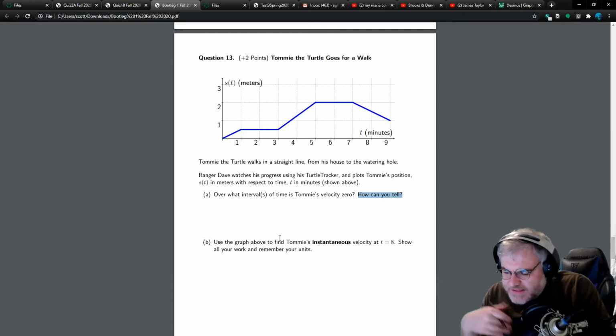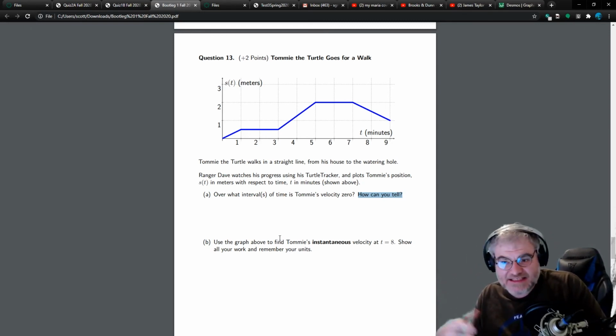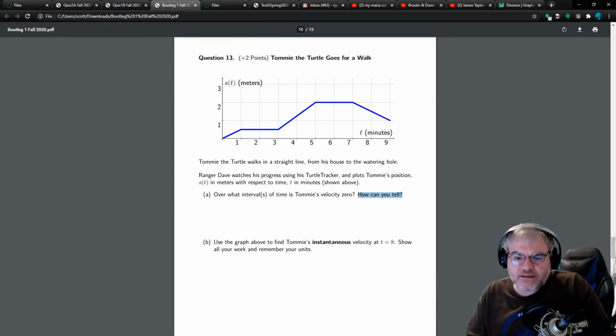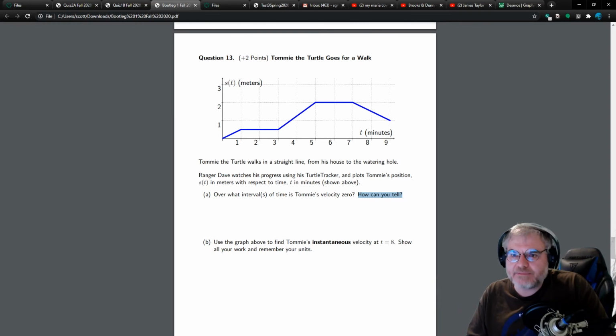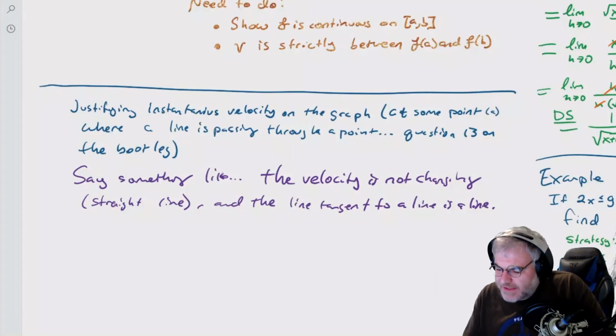Okay. So say something like the velocity is not changing. Say that the line tangent to a line is a line. Say something like rise over run. But just do this, okay?